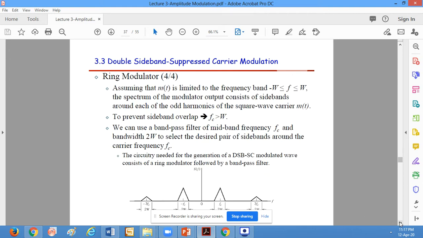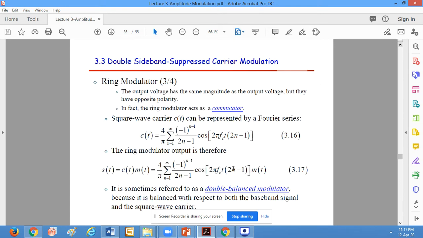For the ring modulator, assume that m(t) is limited to a bandwidth W, and the carrier frequency is always greater than the message bandwidth. This is how we represent the double sideband suppressed carrier that we want to transmit, with respect to these expressions. For n equal to 1, we put it over here.